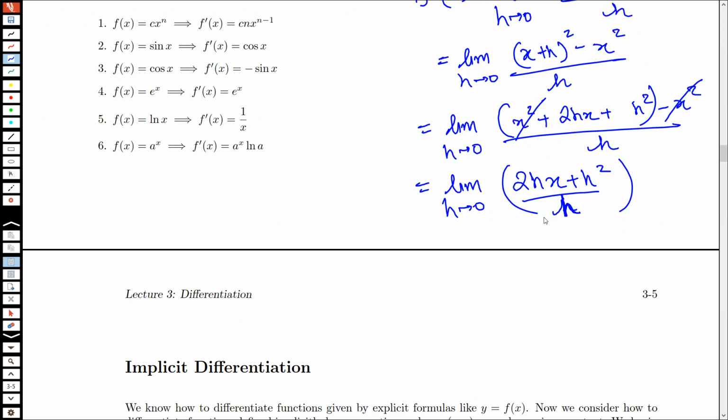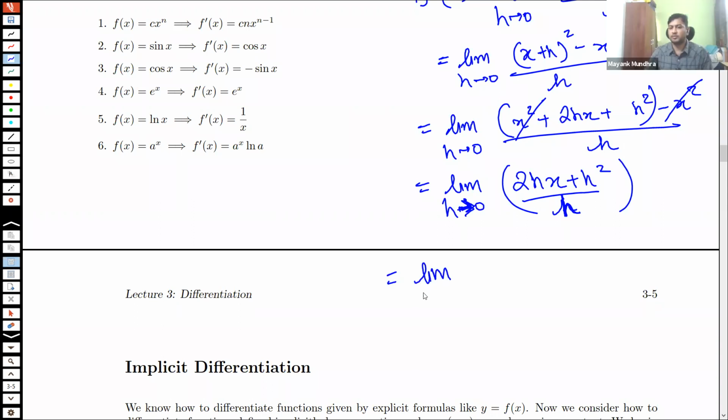No, it's not 0. X is not 0, h is 0. Do you want to give another answer? So you have to break it up. You have to break it up.